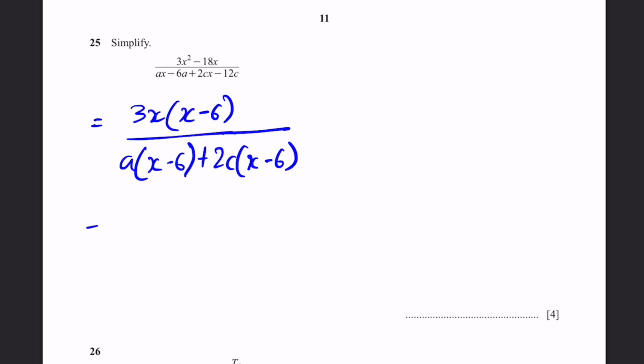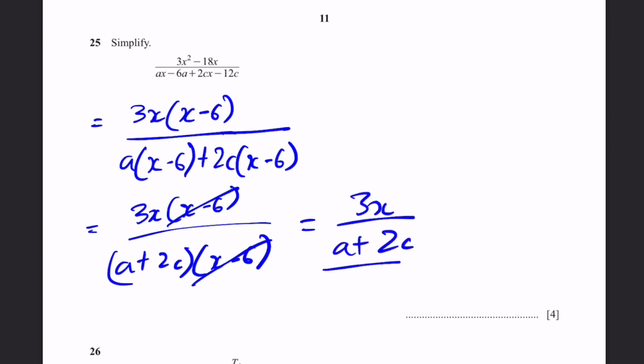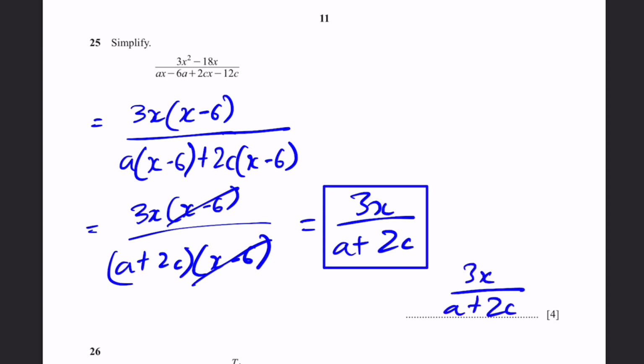So that means we can first of all add up the denominator things, which will be a plus 2c into x minus 6, right? So that will be canceling the x minus 6, 3x by a plus 2c. And this is the maximum we can simplify it without knowing any of the values of the variables. That's the answer.